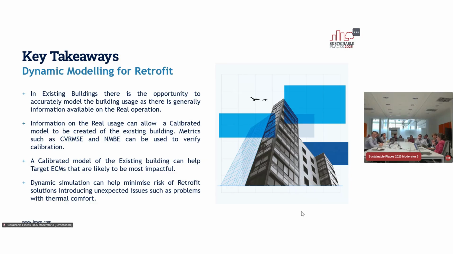Then the calibration helps confirm and verify the model is an accurate predictor of future energy demand. With that, you have confidence that the retrofit solution the design team chose is going to be the most cost effective. It also helps mitigate risk. Using dynamic simulation helps to figure out that there are not going to be unforeseen issues, or you can flag them early enough that they can be remedied before they become an issue in the actual building.